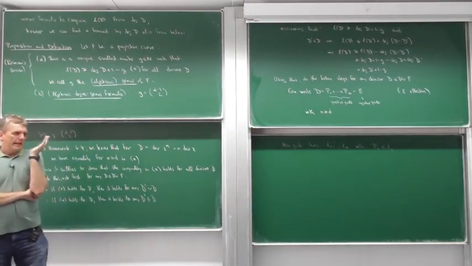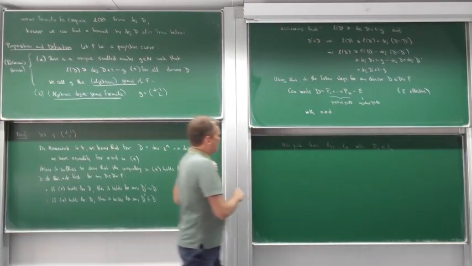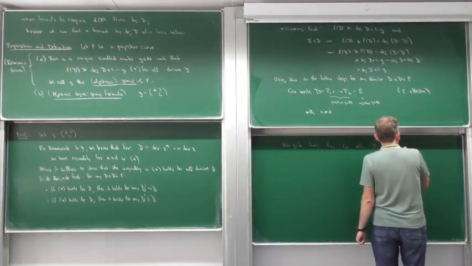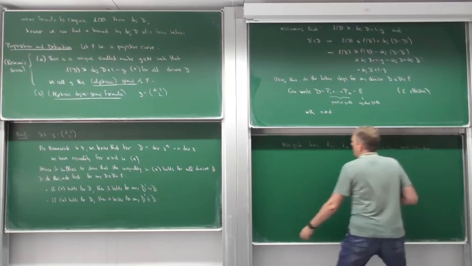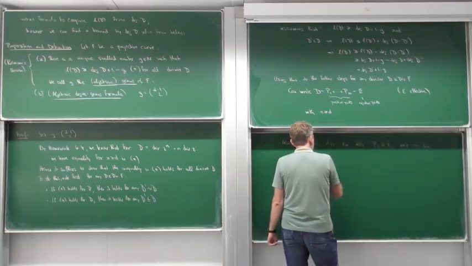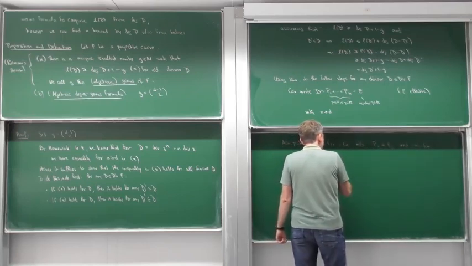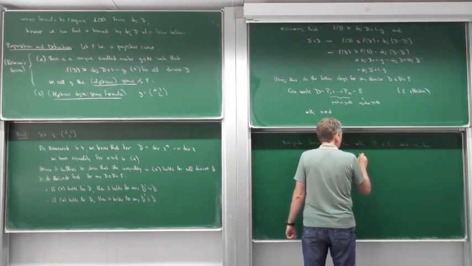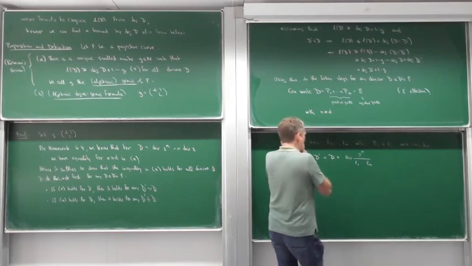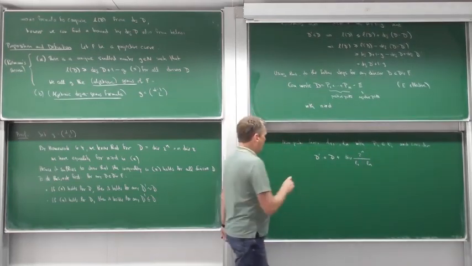Essentially, it really doesn't matter, any line, and consider the divisor d prime, which is defined to be d plus the divisor of z to the n over L1 times Ln. So we'll see in a minute why.